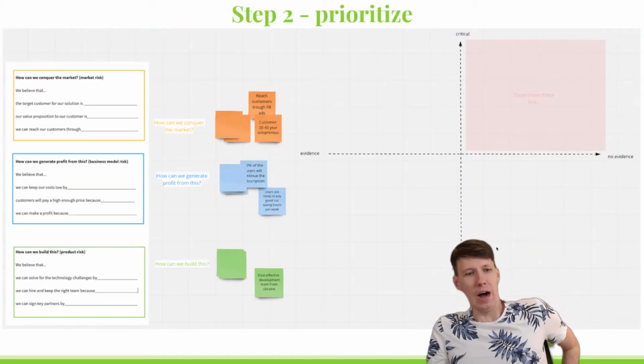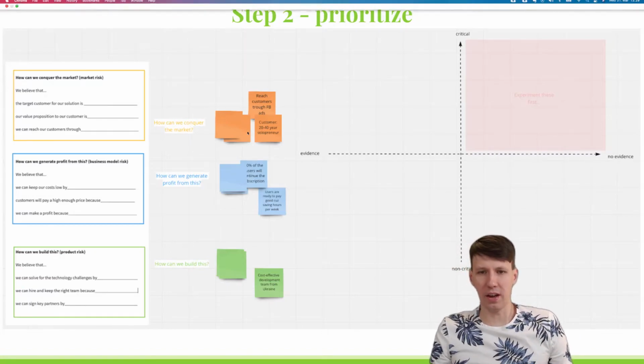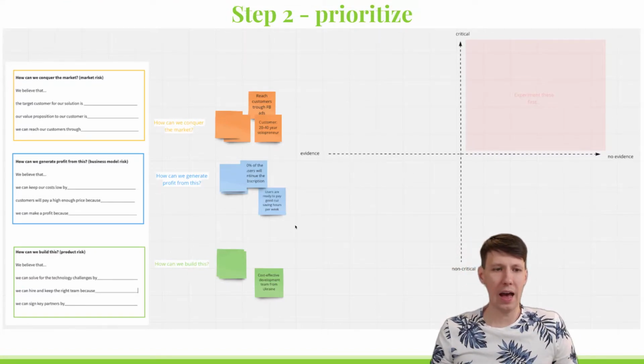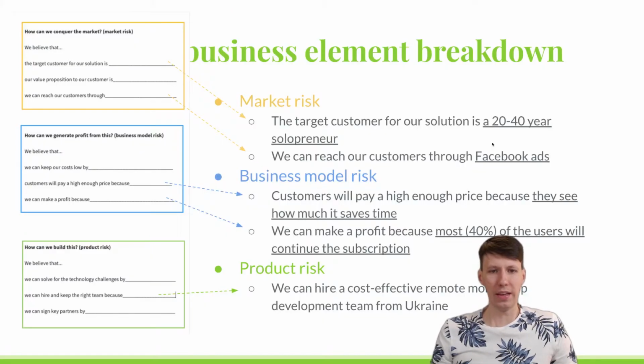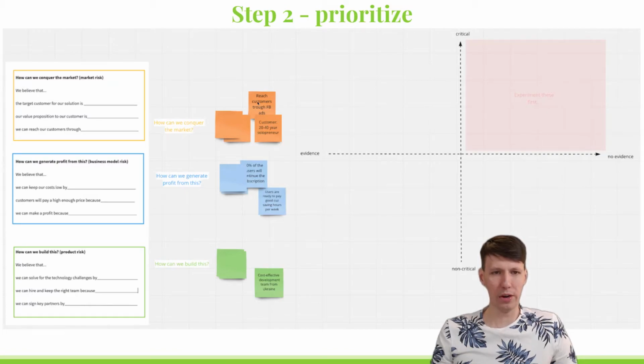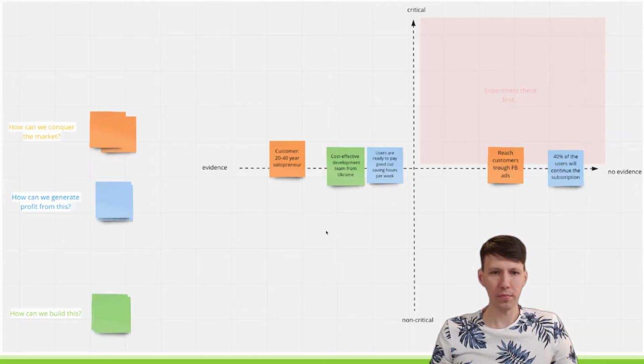So we have this square here, and this is the same elements, and now the answers to these questions are written on these post-it notes. Next we want to place those in these fields here.